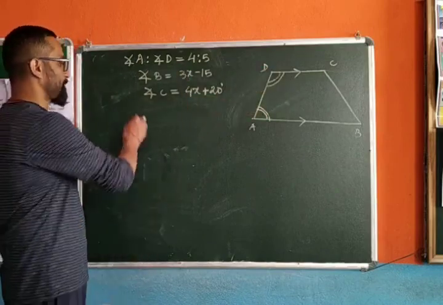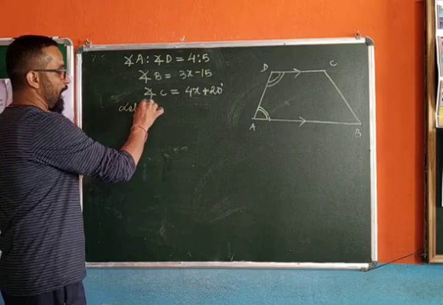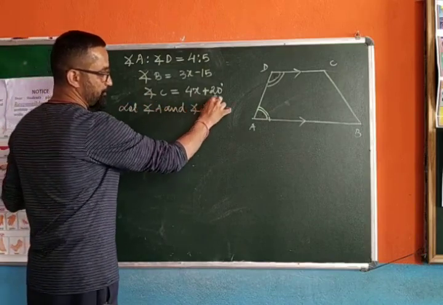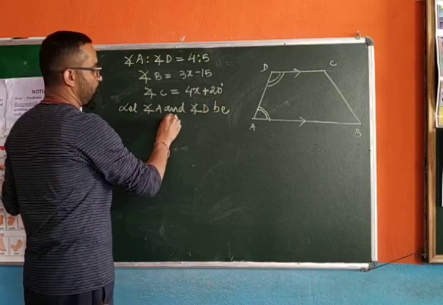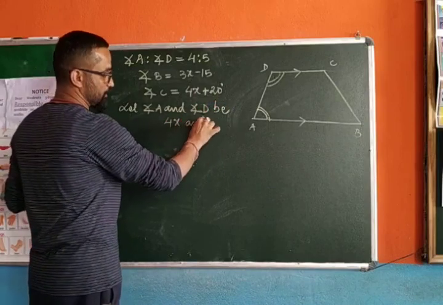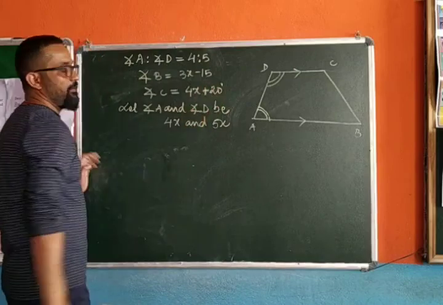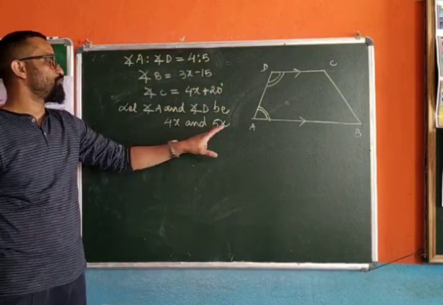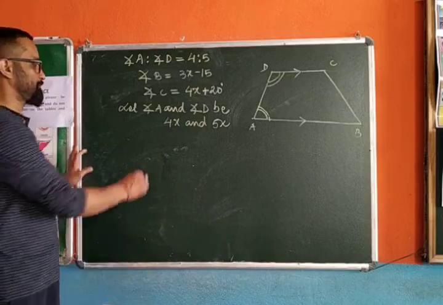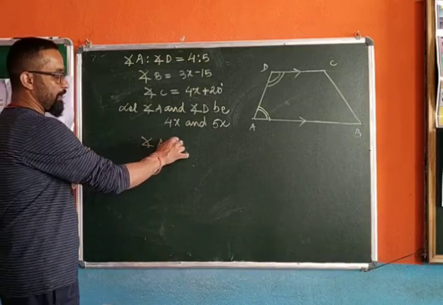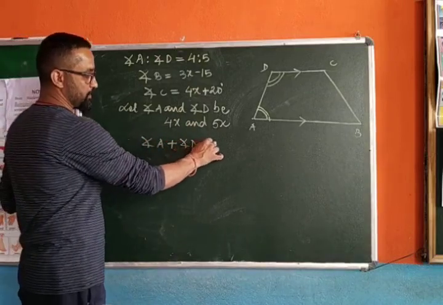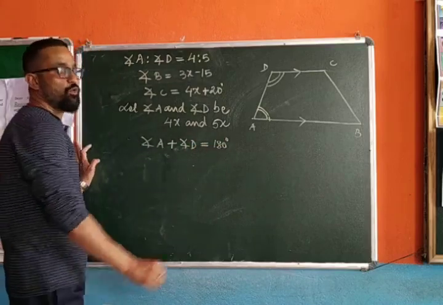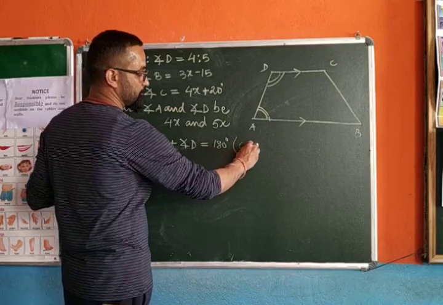Let angle A and angle D be 4x and 5x. We have ratio given. We assume it as 4x, 5x. Angle A plus angle D is equal to 180 degree. Co-interior angles.